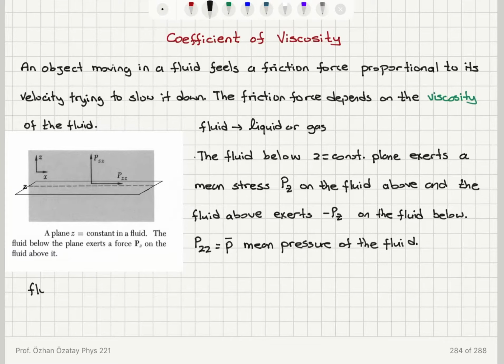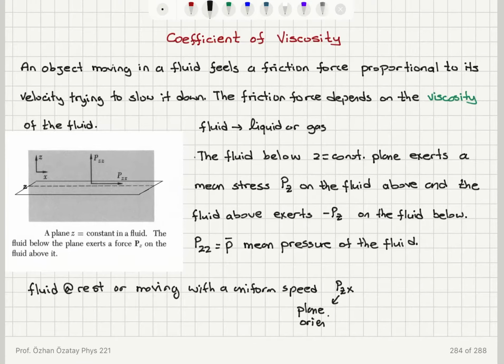And if the fluid is at rest, or moving with a uniform speed, the tangential stress Pzx, so it is due to the z is equal to constant plane, so the first index is the plane orientation, the second index is the component, so it's the tangential component, it's the tangential stress. This is going to be equal to 0.